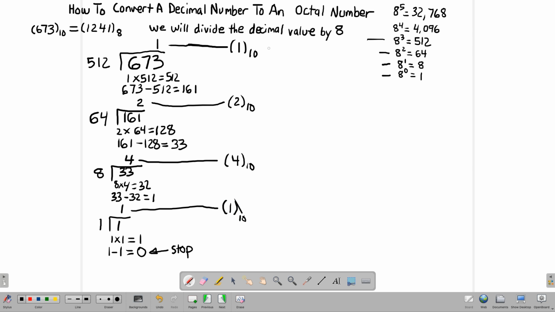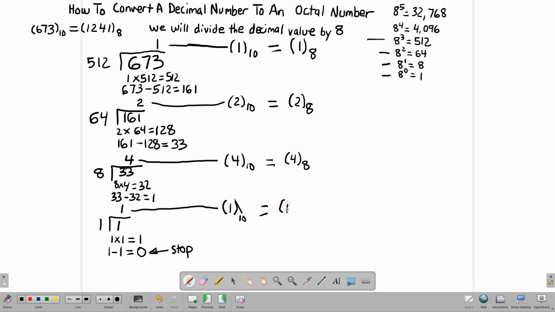So now we have to convert each of these to octal. 1 in decimal is also the same as 1 in octal. The value 2 in the decimal system is also the value 2 in the octal system. The value 4 is also the same in the octal system.